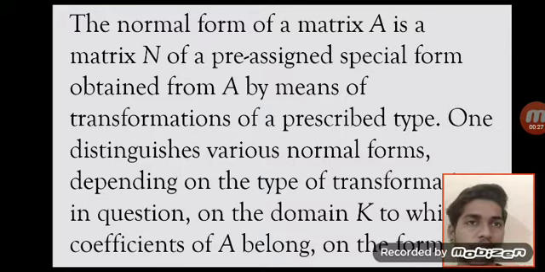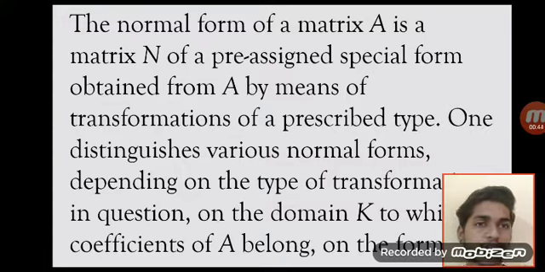The normal form of a matrix A is a matrix of a pre-assigned special form obtained from A by means of transformations of a prescribed type.